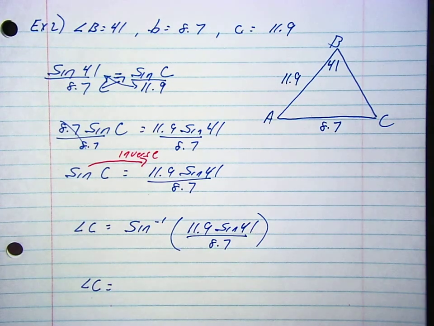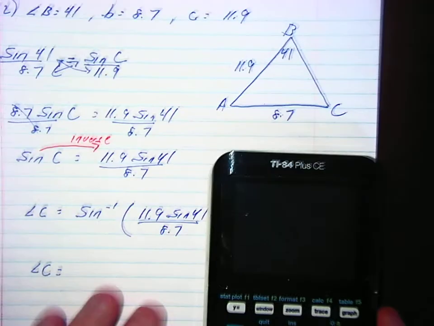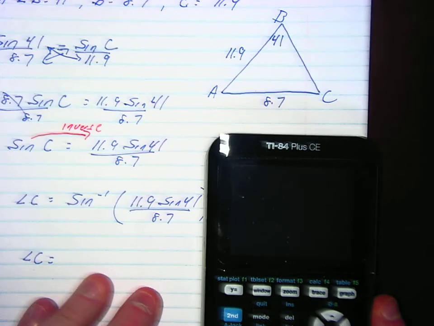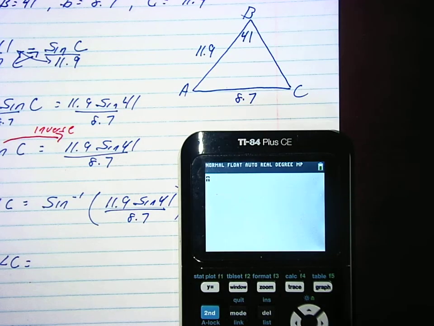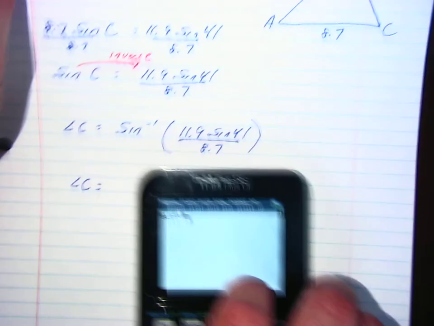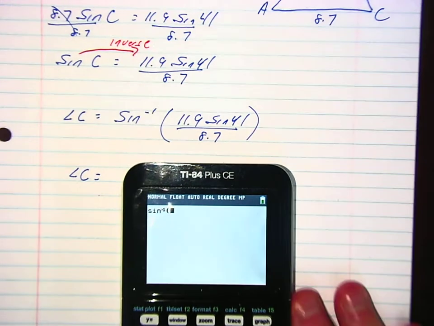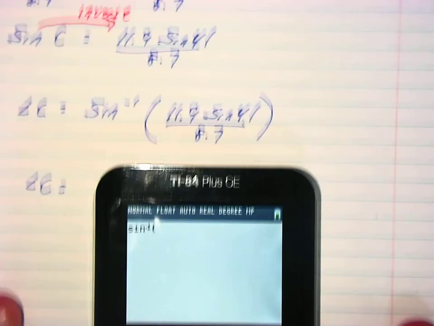So this is another one where you got to be careful that you put it in the calculator correctly. So I know inverse sine is second sine. So second and then sine gives you sine to the -1. So that's your inverse sine. Let me move this a little bit and zoom in. Okay.